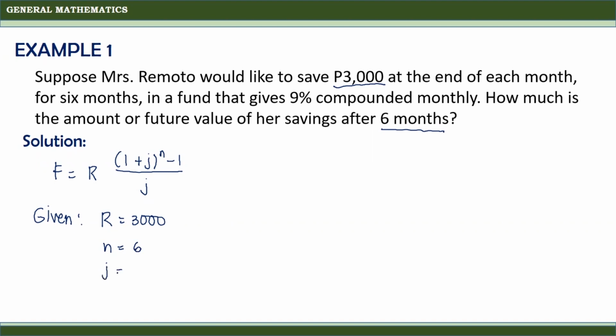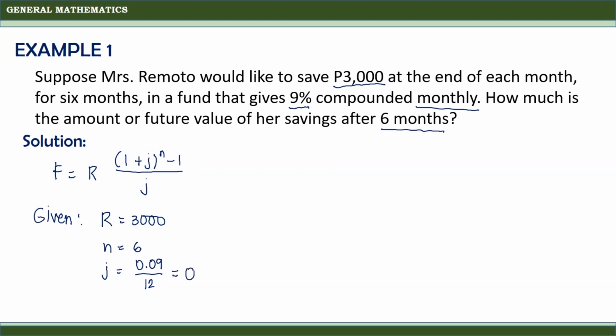J, which is the interest rate per period, is equal to 0.09 divided by 12 because according to the problem, the fund gives 9% compounded monthly. So since this is 9%, we have at the numerator 0.09, and since it is compounded monthly, at the denominator we have 12.